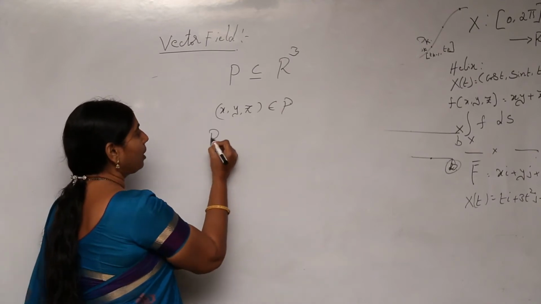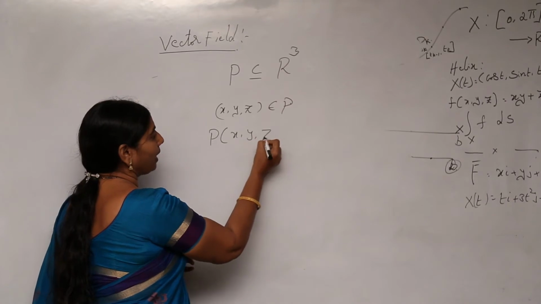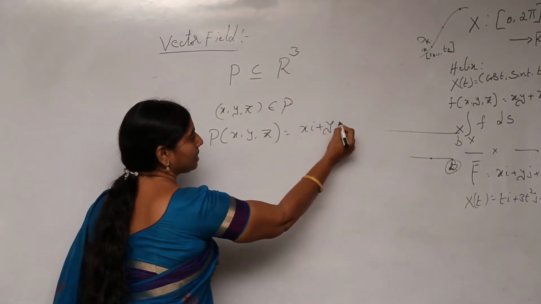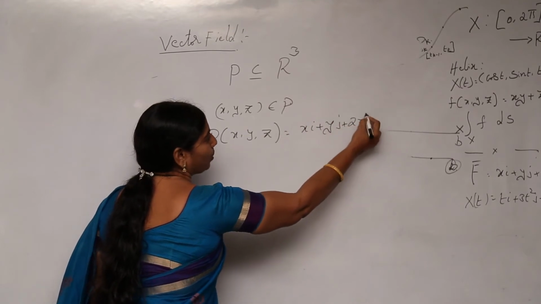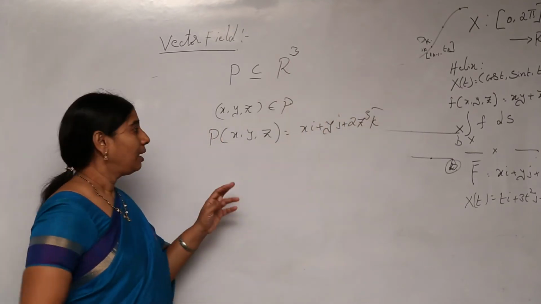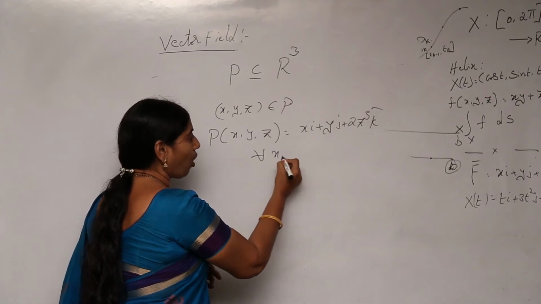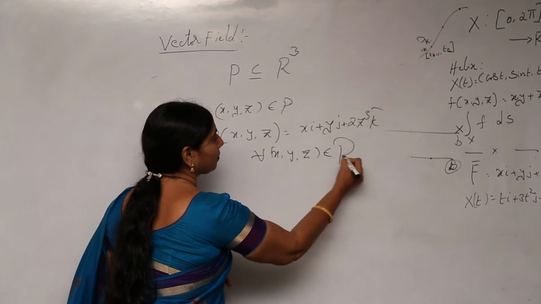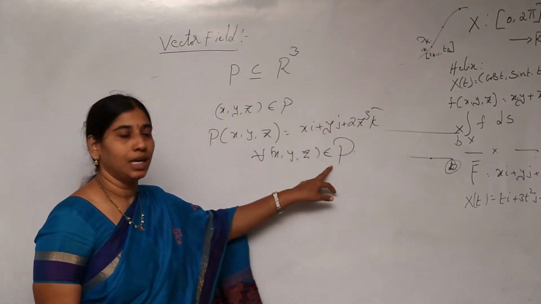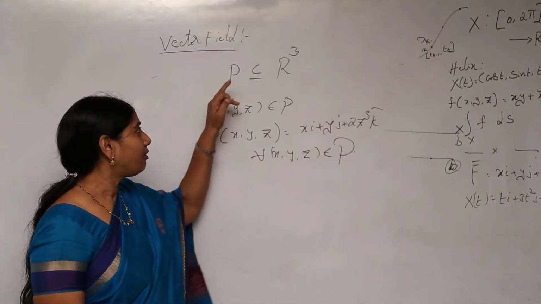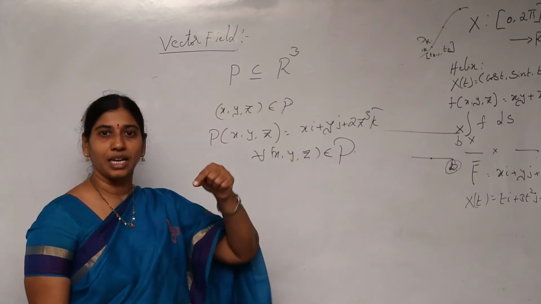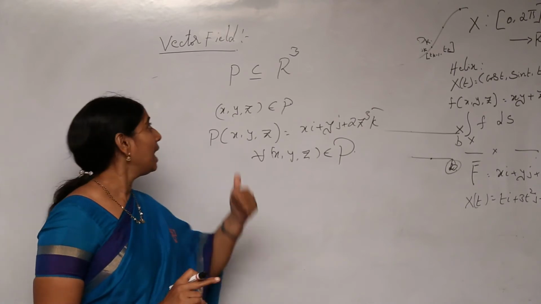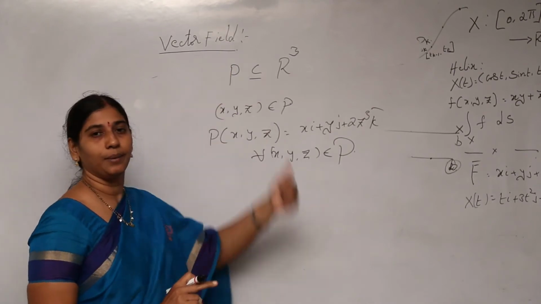So, if F of x, y, z is equal to, say, x i bar plus y j bar plus 2z cube k bar, this must hold for all x, y, z belonging to our domain P. If for every point we are assigning a vector function, then we call that particular field a vector field.